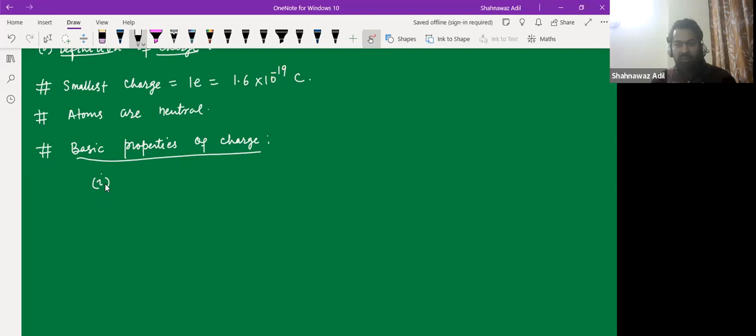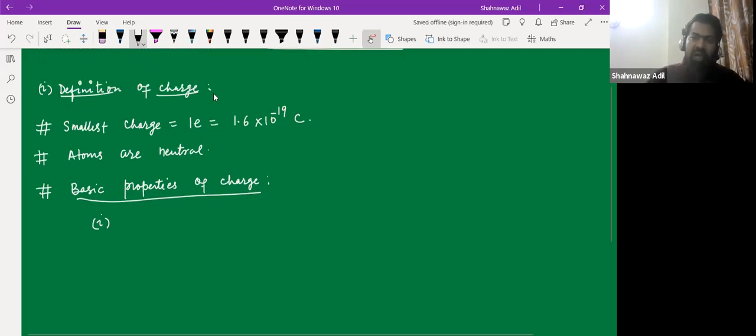It can either be positive or negative. Yes, that is the feature of the charge, different polarity, but there were other basic properties. Charge can be conserved, and can neither be created nor destroyed. So that is conservation.